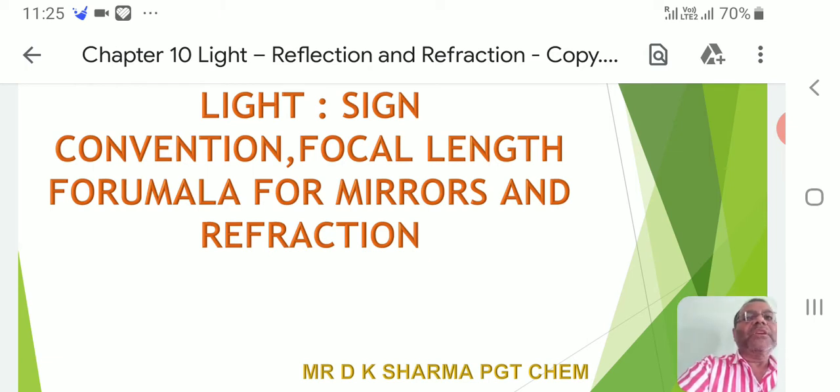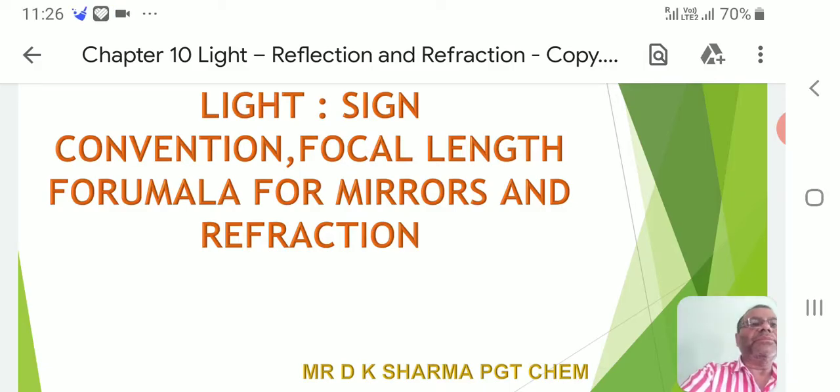But today we shall discuss sign convention, especially when we use the reflection of light through spherical mirrors and apply any formula like the focal length related formula, where we need to apply sign, along with the numerical problem.